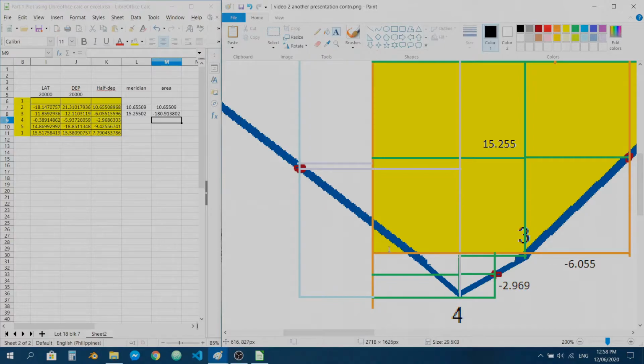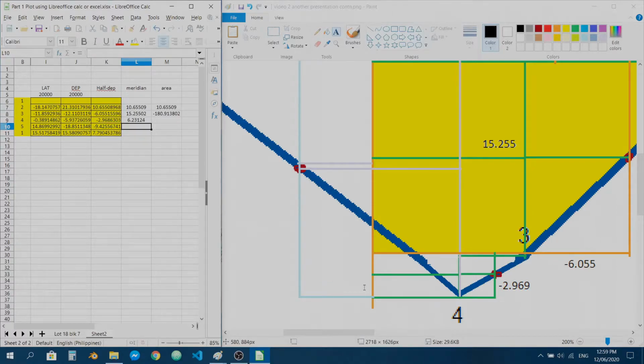We have computed for this distance. However, we are interested in this, so by subtracting the half depth from this distance, we are able to compute for the meridian of 3 to 4. So just like in the previous, we just add up, since the sign of each element will take care of the addition and subtraction.